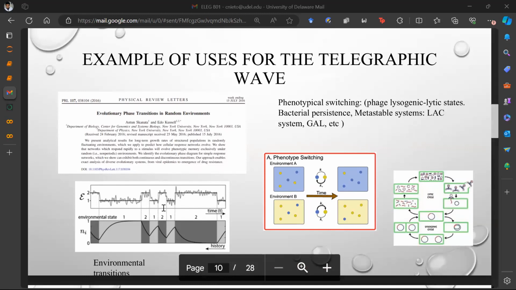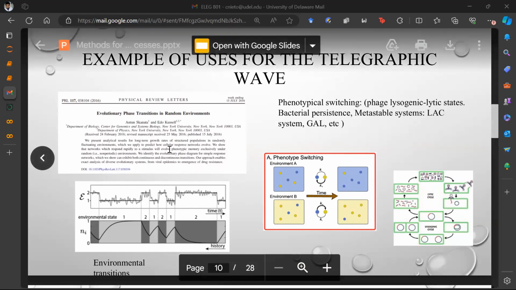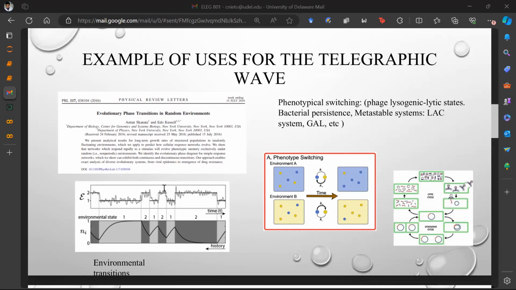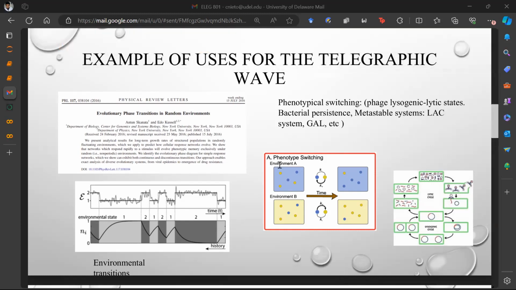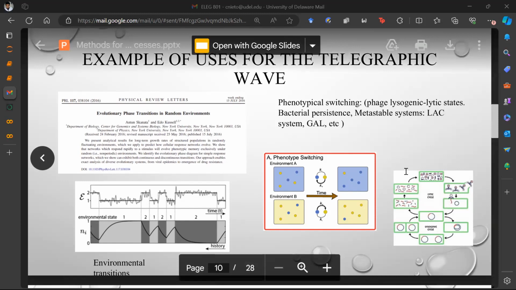One example of these reactions can be the environment, which you can alternate between nutrient and scarce nutrients, or, for instance, hot and cold. Other cases can be the phenotype of a cell that can be persistent or non-persistent to antibiotics.